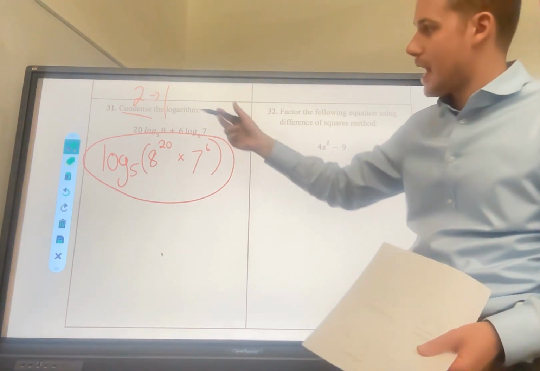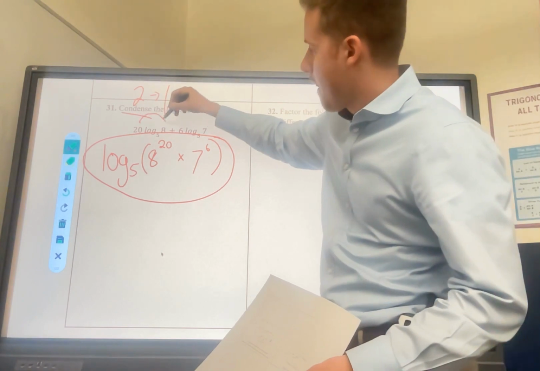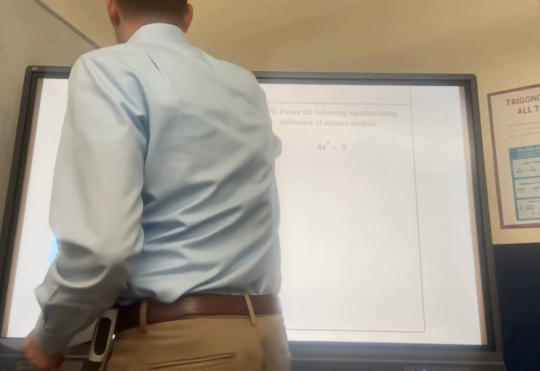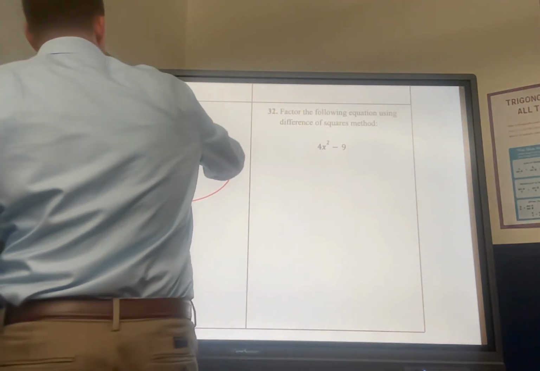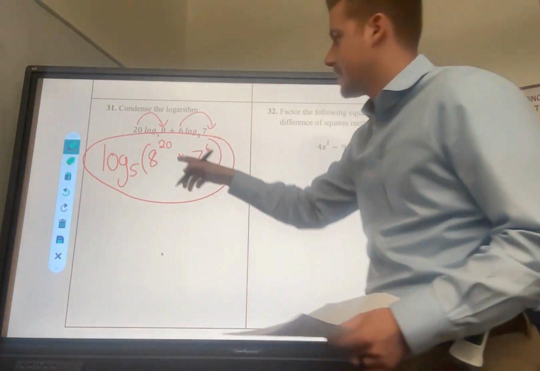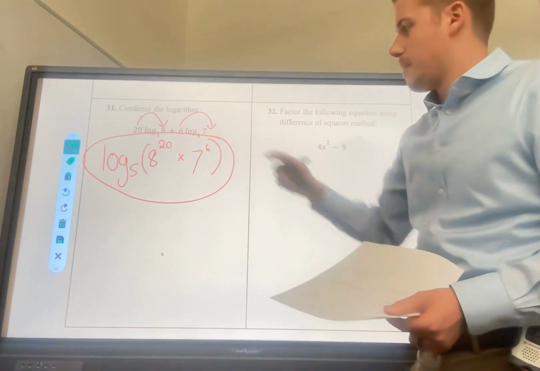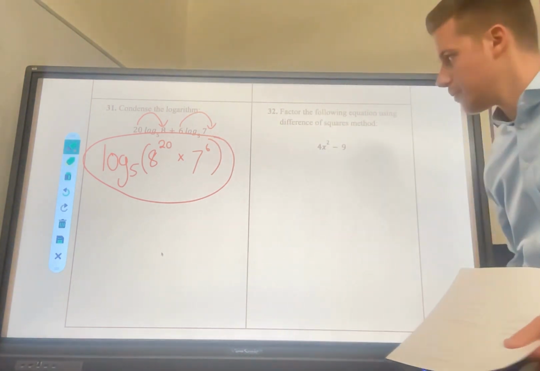And the second thing that happened is I took my coefficients in front and I brought them up as exponents. Let me make that even more clear to y'all. And so that's how the 20 made it up into the exponent here, and the 6 made it up into the exponent here. Just the exact opposite of question 29, right above.